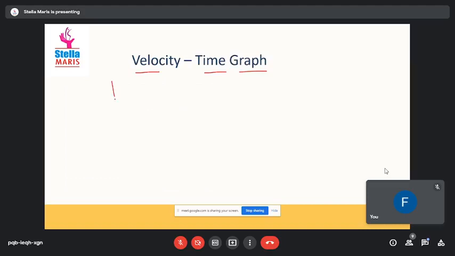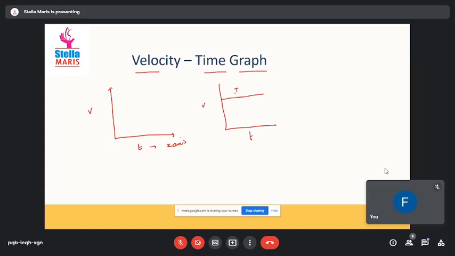The velocity time graph. Okay, this is a velocity time graph. So the velocity is plotted against the y-axis and time in seconds is plotted against the x-axis. We have seen the displacement time graph in the previous classes. Okay, this is graph one, it is called the VT graph.